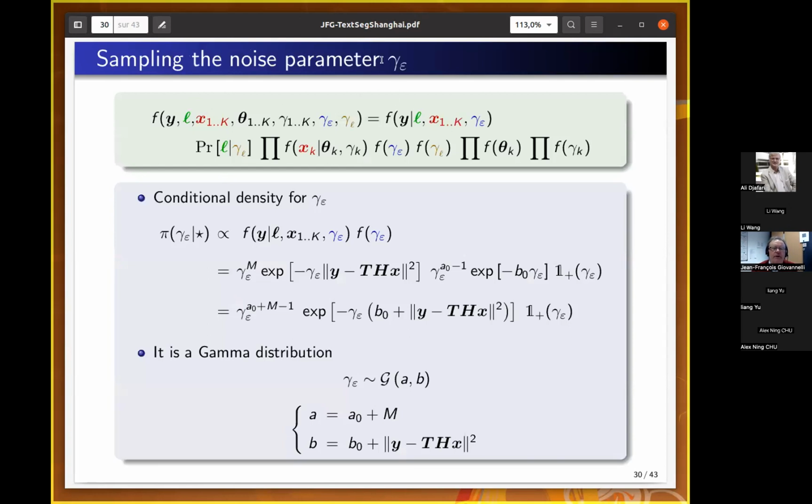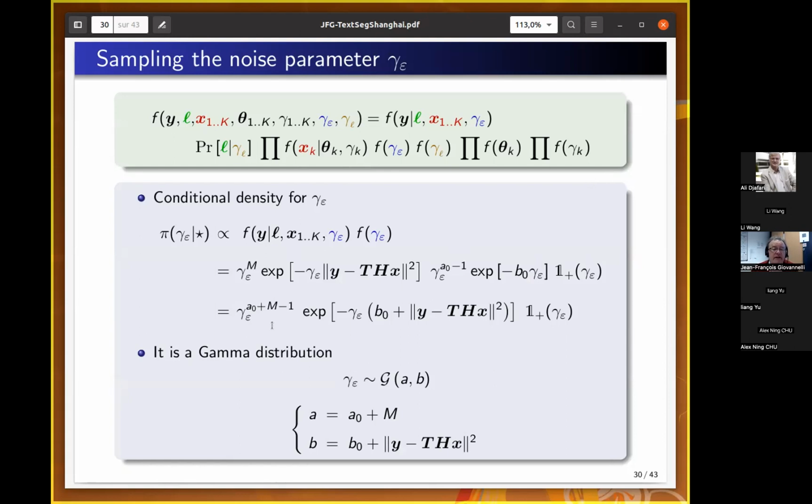The first one is for the noise parameter. I need to sample under the probability density function of the noise parameter, given all the other parameters. And it is proportional to the joint probability density function. So I just need to pick the factors that depend on gamma sub noise, and I have two of them. One comes from the likelihood, this one, that itself comes from the noise probability density function, and the other from the gamma prior probability density function for gamma sub noise.